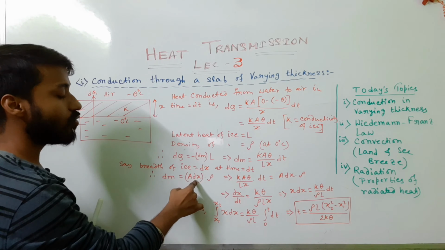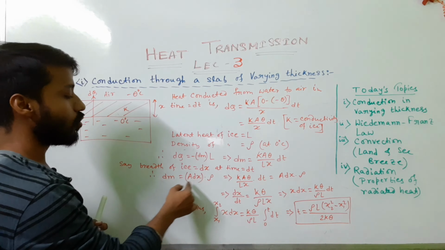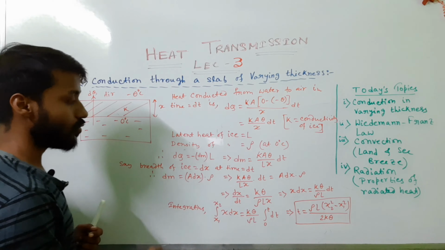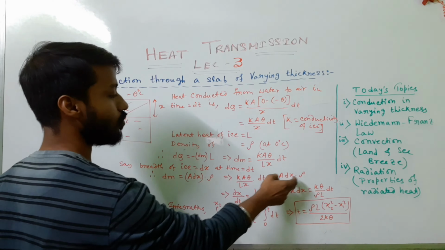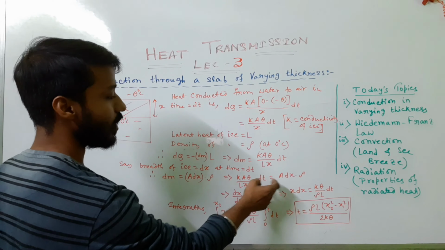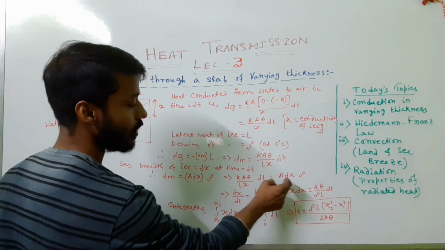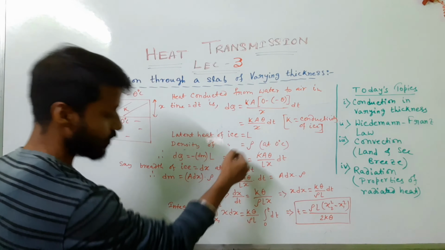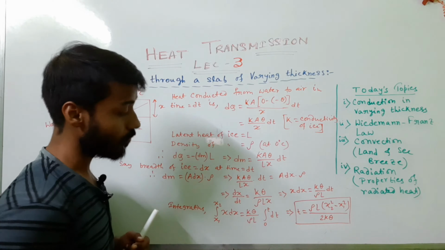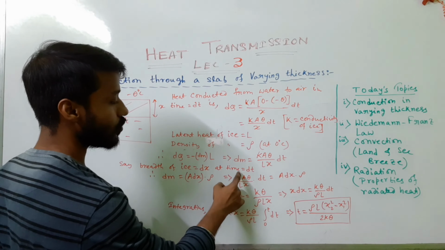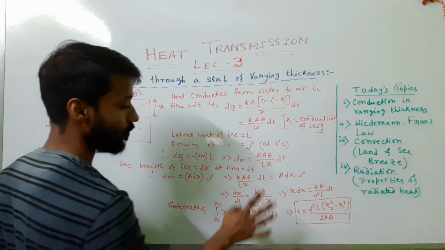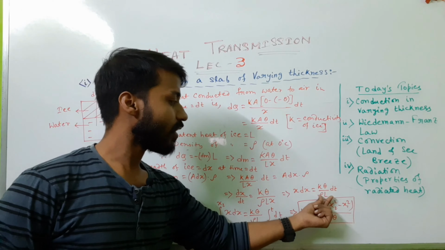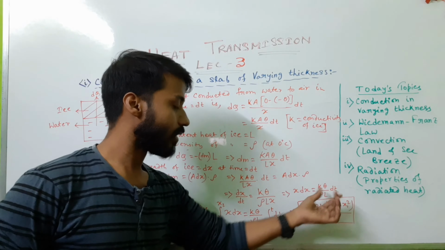So area into width will be the volume. So dm equals A dx into rho. Put dm, then dt goes this side, A rho comes this side, A gets cancelled out. So dx by dt equals K theta by (x rho L). So x dx equals K theta by (rho L) dt.